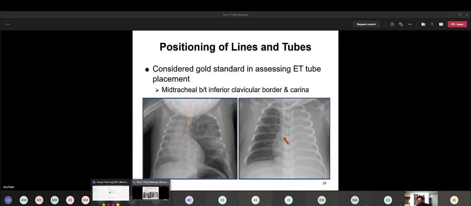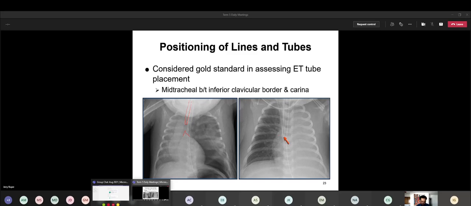Now, this one, they've got the arrow to show, whoa, look at where the tip of your ET tube is. Your clavicles are way up here, and your ET tube is way down here. Now, it could be that the baby's head position wasn't neutral.